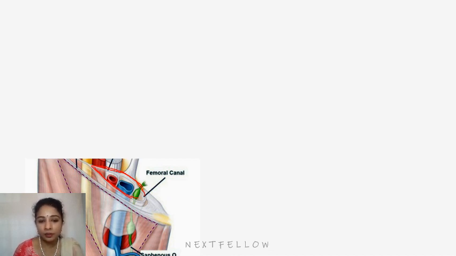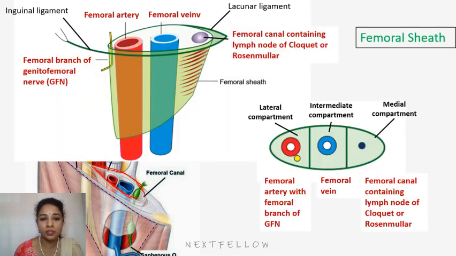So they continue beyond the inguinal ligament. The length of the femoral sheath is approximately 3 to 4 centimeters. It is funnel like, and it is pierced by the femoral branch of the genitofemoral nerve.